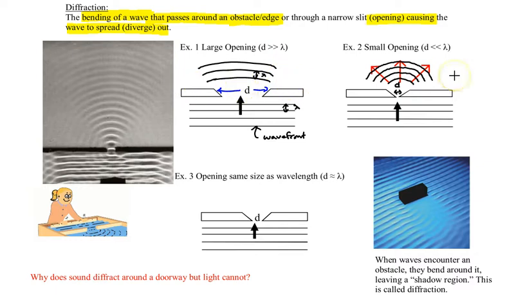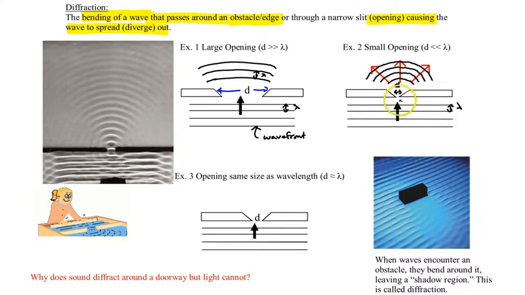So this is an important thing because, you know, maybe you are aware that some waves can bend more easily than others. Like sound waves can bend more easily around corners than, say, light waves. Why do you think that's true? Well, you see that this wavelength right here and this distance d, the d has to be smaller than the wavelength for you to get diffraction, or it could be approximately equal and you get diffraction as well.